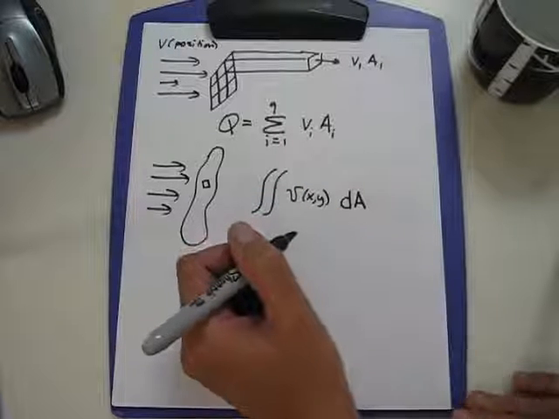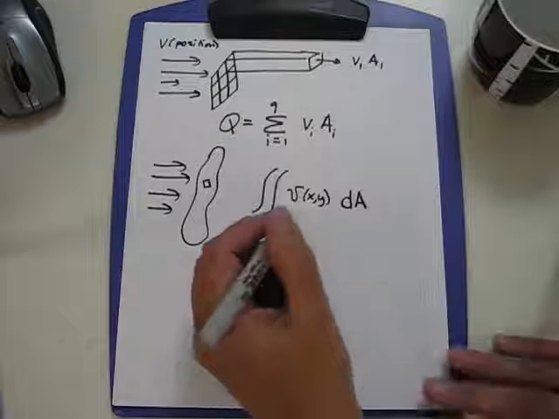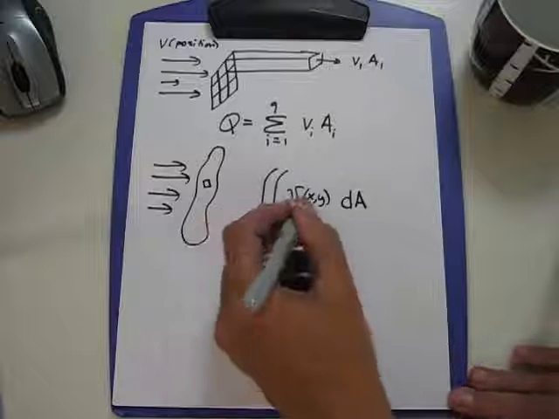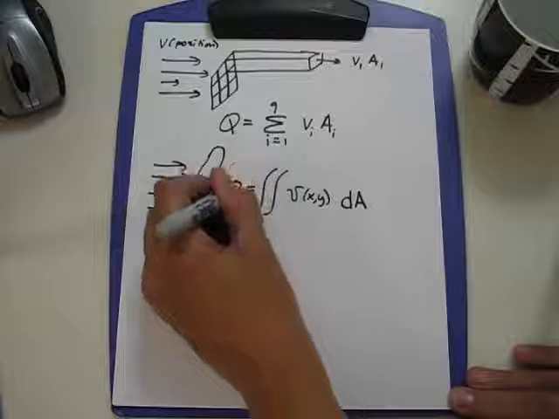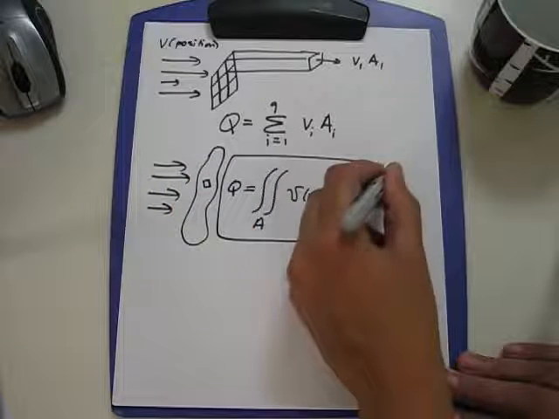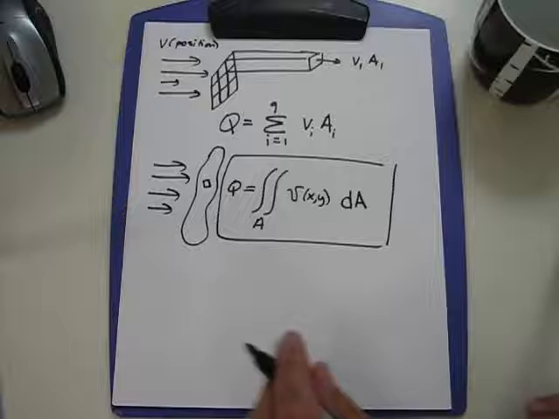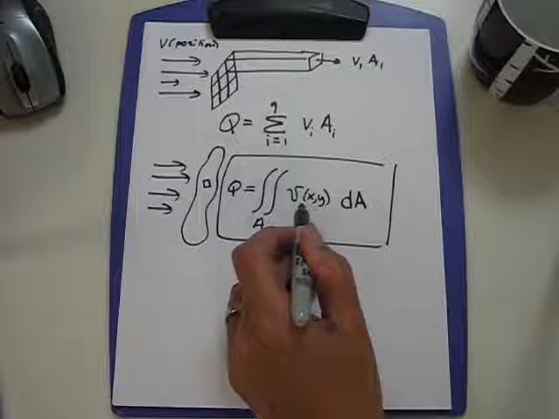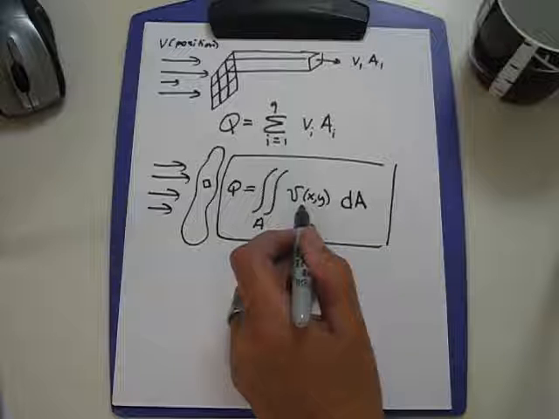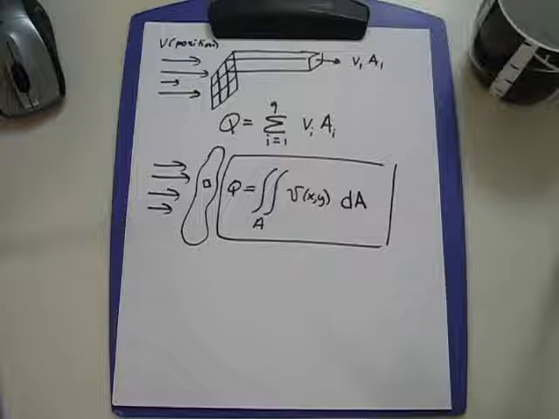I have to integrate this over the limits of the area, whatever they happen to be. So this is our more general equation for the volumetric flow rate as a function of the cross-sectional area and the velocity field that's presenting to the cross-sectional area.